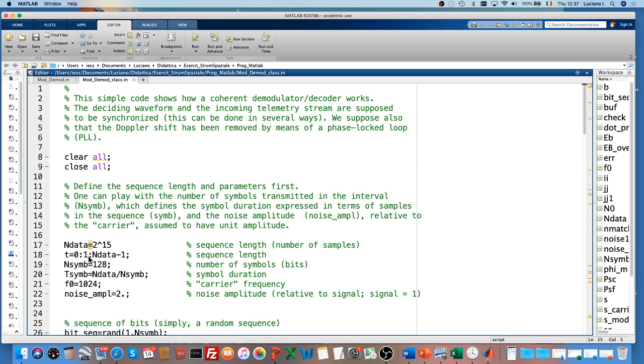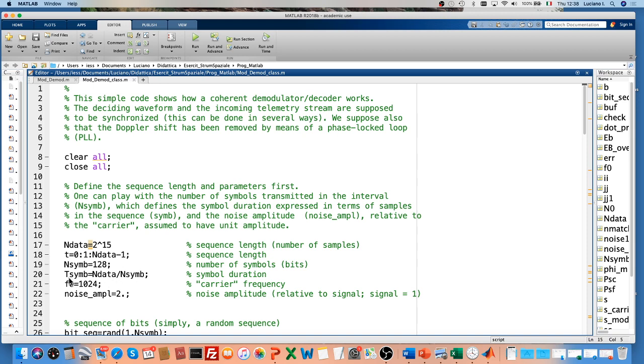But it doesn't matter, because we are working with a digital system, and therefore we can go to physical units only afterwards, at our leisure. And in this sequence, I include, for example, 128 symbols or bits. There is a slight difference between symbols and bits, because many symbols can constitute a bit. But for our purposes, 1 bit is equal to 1 symbol.